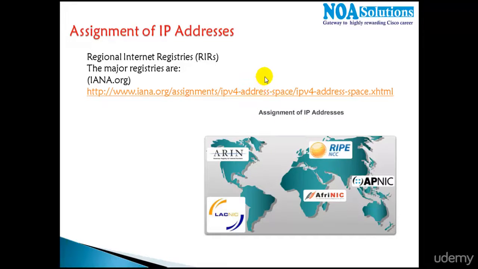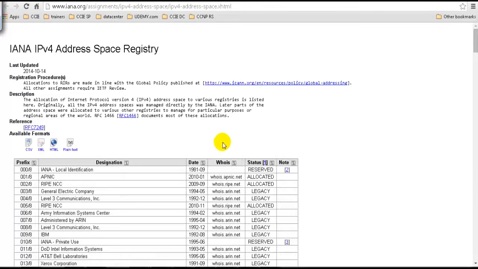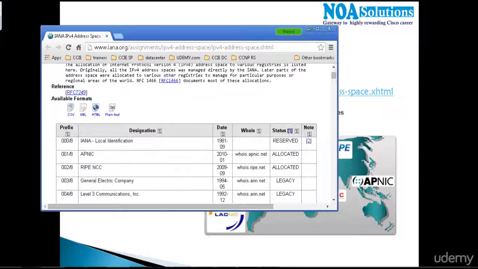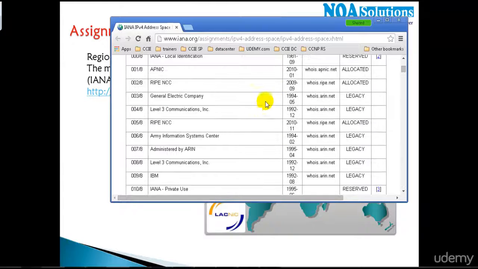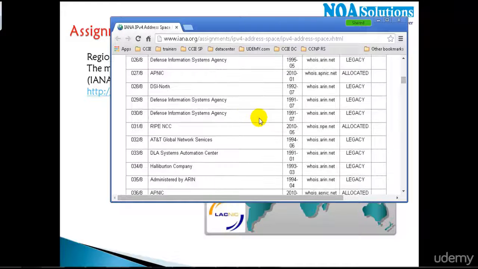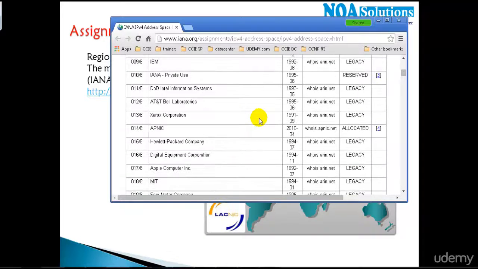Here you will see a link which will take you to the iana.org assignments IPv4 address space page. It shows you the list of the different assignments. If you come down a little bit, the 10-dot network, with the /8 subnet mask, is for private purposes.